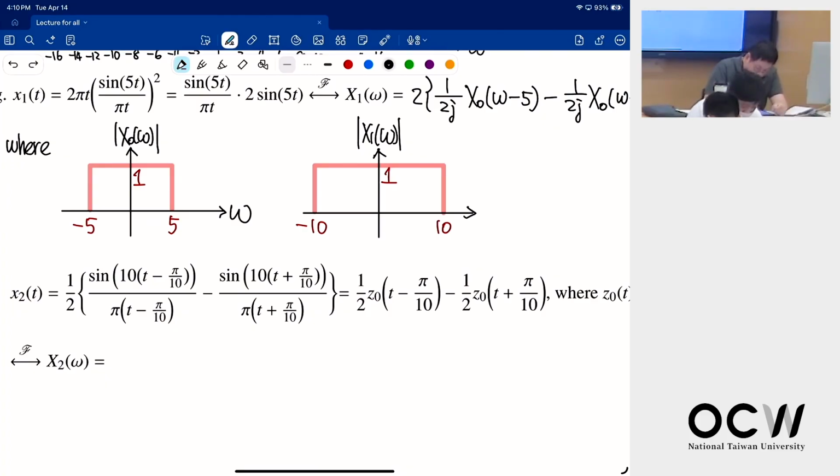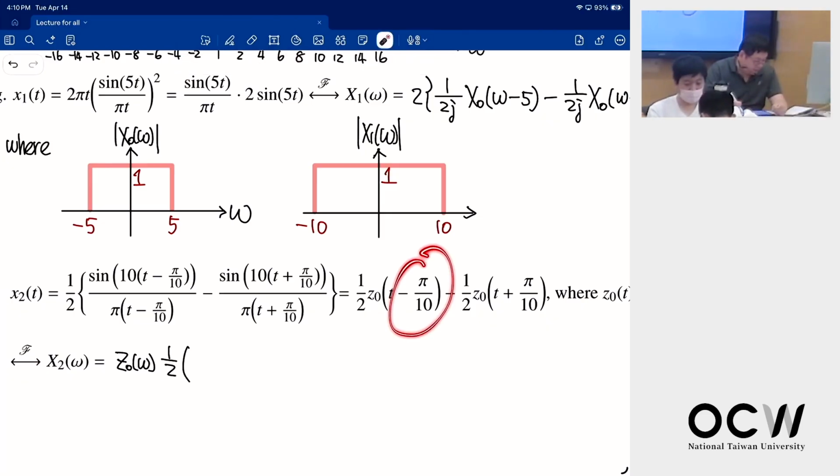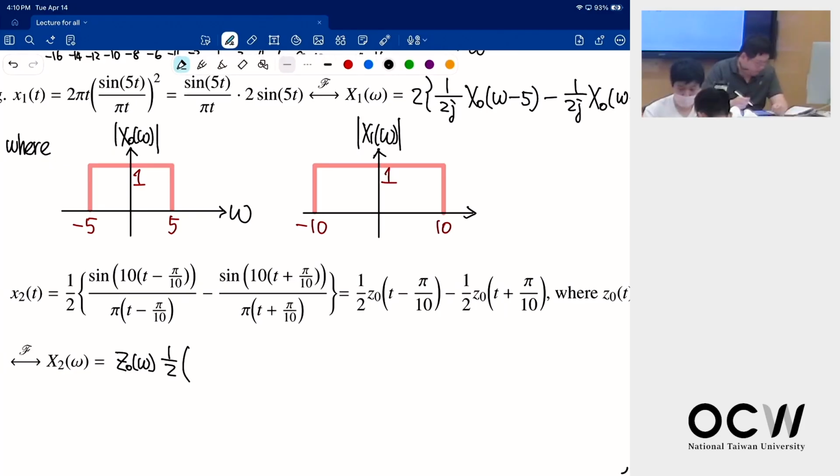The magnitude is the same, so z naught omega, you times 1 over 2. And this is the complex exponential. e to the minus j omega pi over 10 minus e to the j omega pi over 10. And you can times j and divide by j. Here you have 2j here.